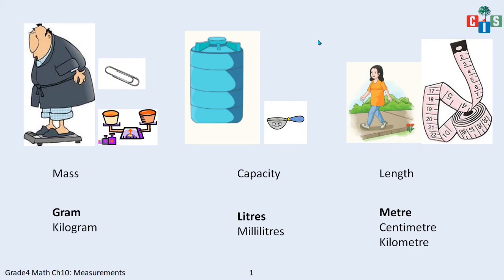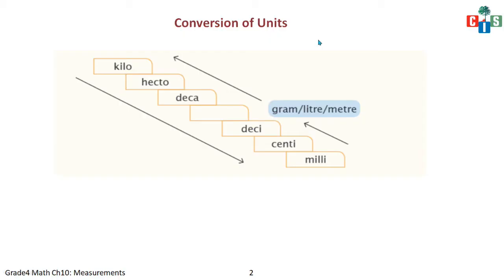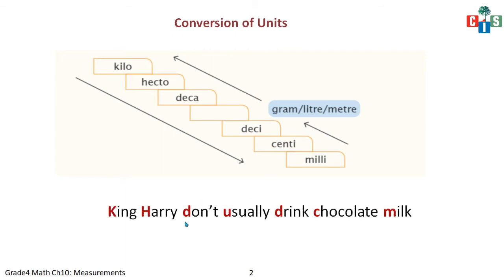Clear? Then we saw the very important chart, the units of measurement chart. You have to convert the units, and this chart is very important. I have given you the trick of memorizing it with a sentence: King Harry don't usually drink chocolate milk. Every initial represents one unit, and it is in the staircase.